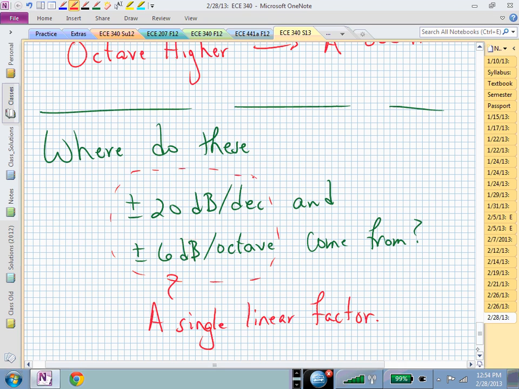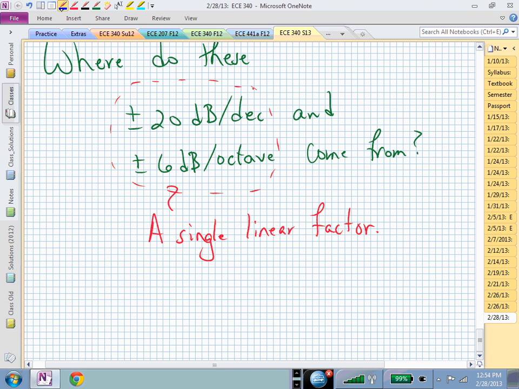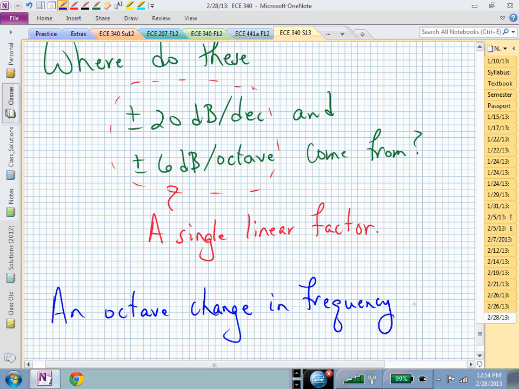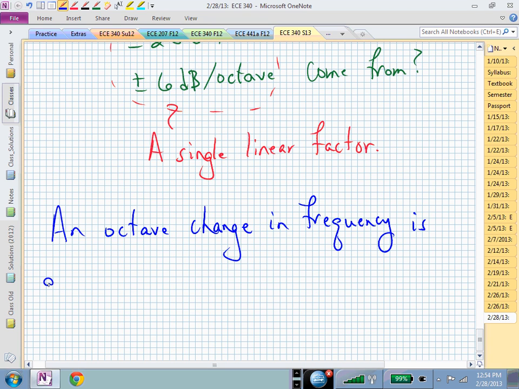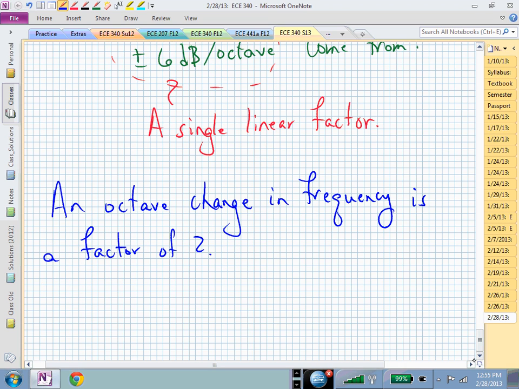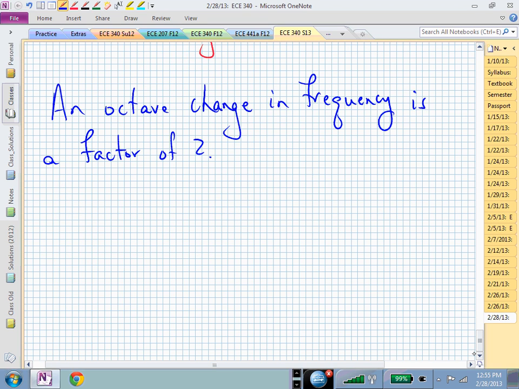Now we just said an octave change in frequency was a factor of 2. Let's see what happens if we look at two different scenarios.